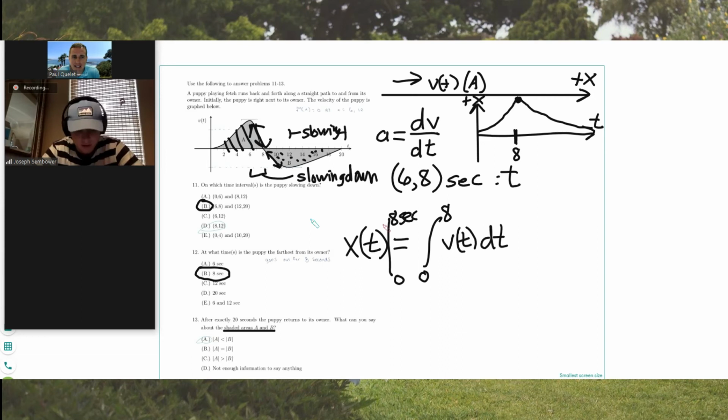So it's just likely from what we were just discussing that 8 seconds is the furthest away because the dog was moving away from the owner the entire time between 0 and 8 seconds. Right.